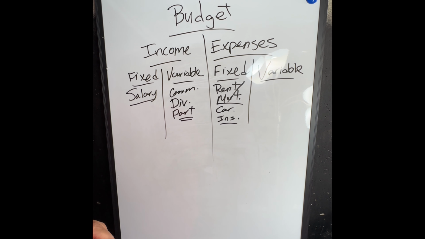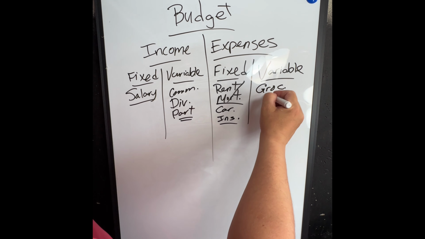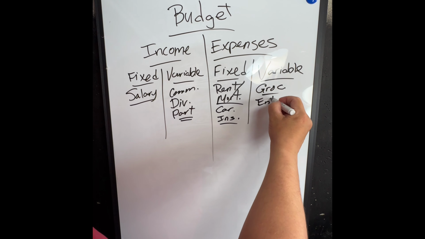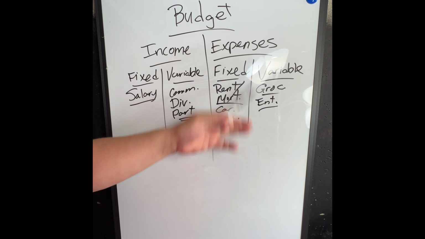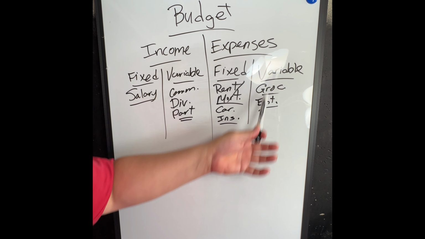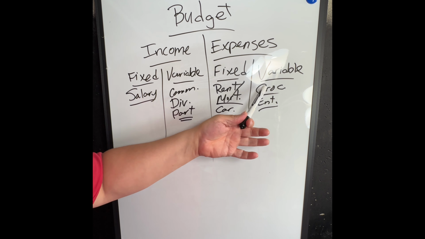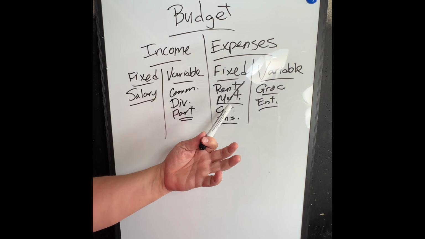If we go over to our expenses, you might have things like groceries that are variable. You're going to have entertainment, which can also be a variable expense. Those are things you're going to want to categorize, to start with, very broadly. Entertainment could be a lot of different things. Groceries is not only going to be food, but also cleaning supplies and other things you need to pick up at the grocery store.